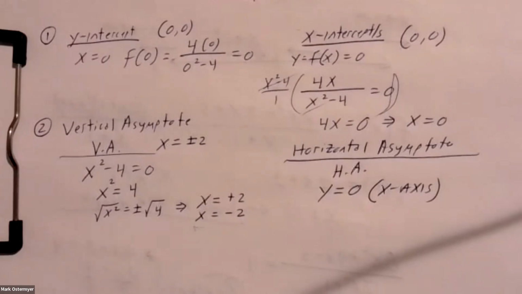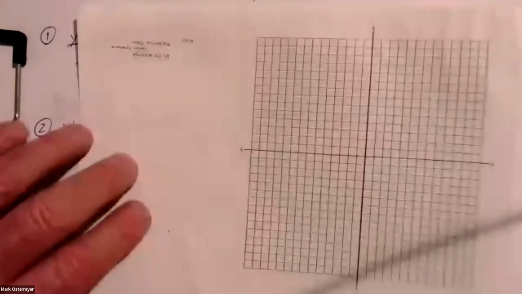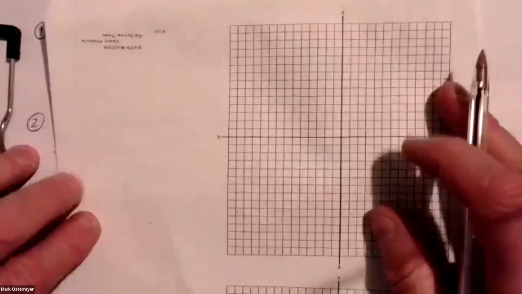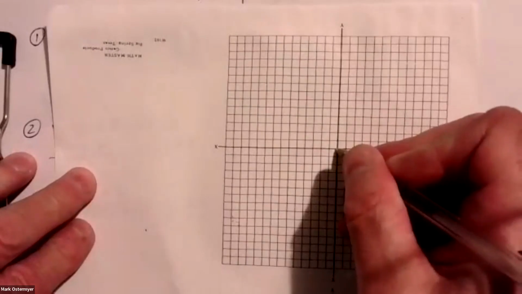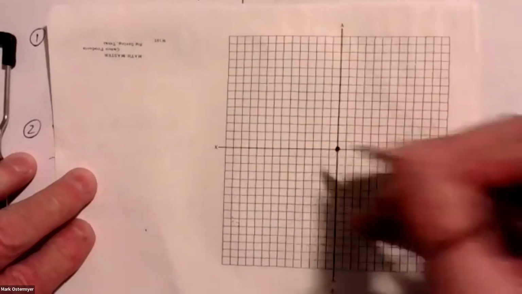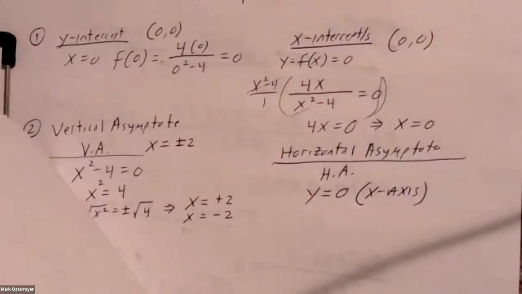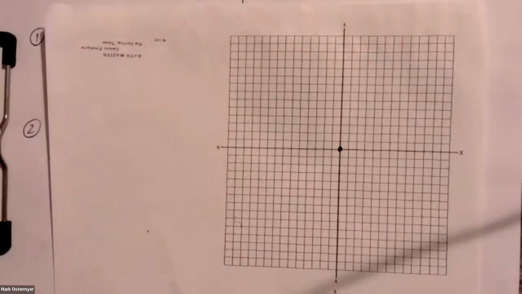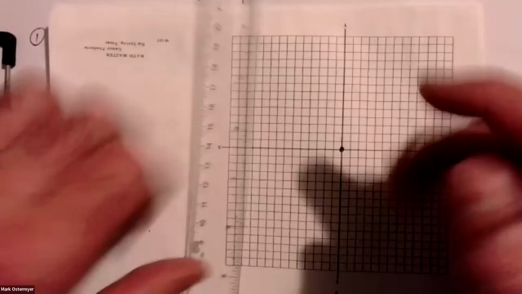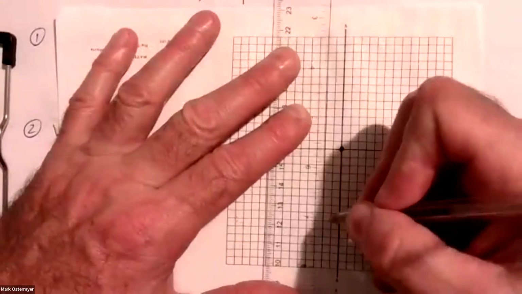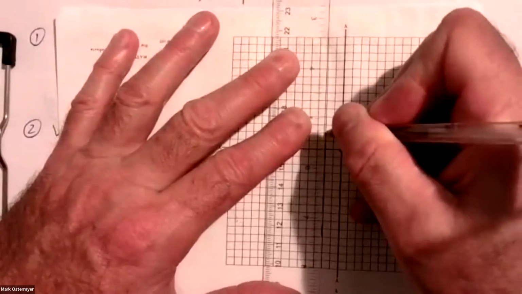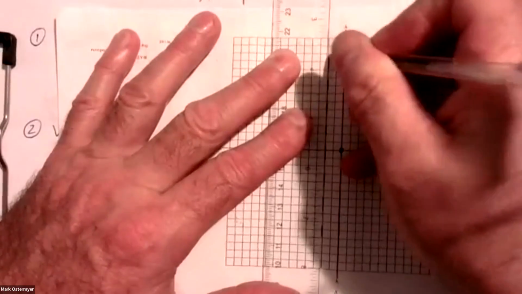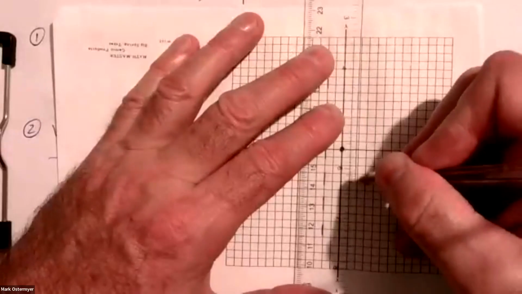I'm going to take a piece of graphing paper and I'm going to plot what I know. What have I discovered so far? Well, my y-intercept and x-intercept are the origin. My vertical asymptotes are at positive and negative 2. So I'm going to take a ruler here and I'm going to put vertical dashed lines through -2 and through +2.